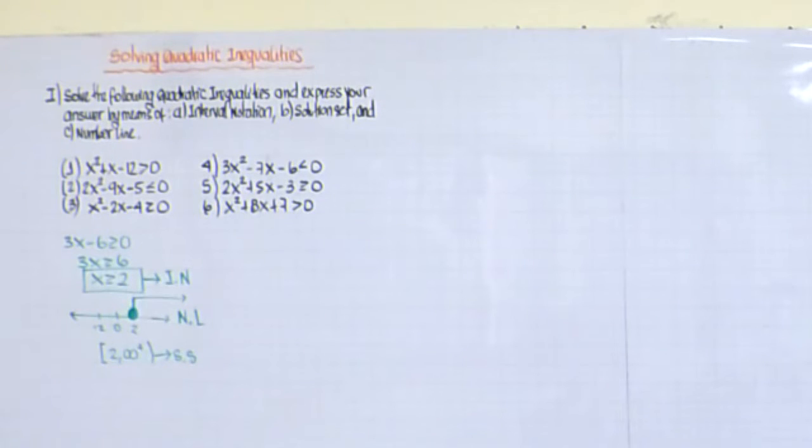But we must follow a few steps to solve these quadratic inequalities. Let's try to solve the first example, because the instruction says solve the following quadratic inequalities. First the answer, interval notation, solution set, and number line. Let's deal with the first one: x squared plus x minus 12 greater than 0.